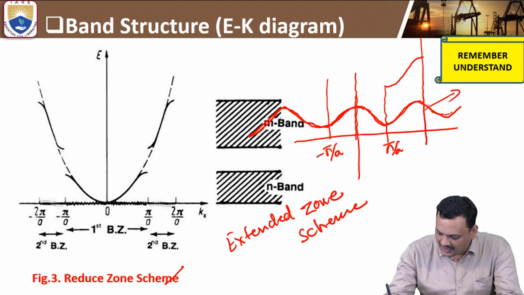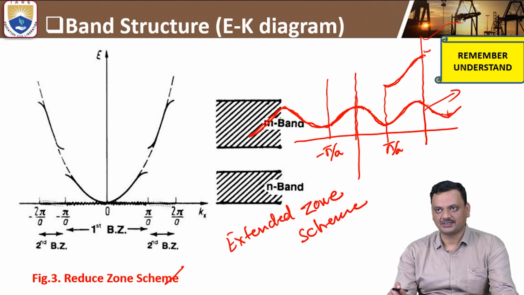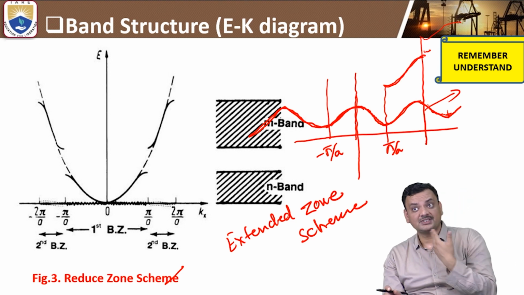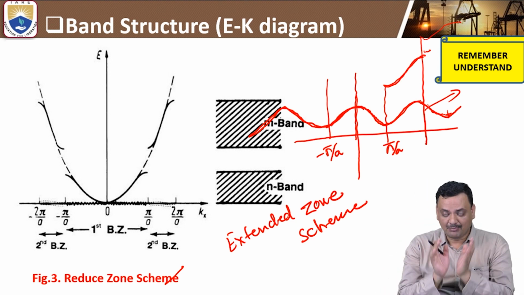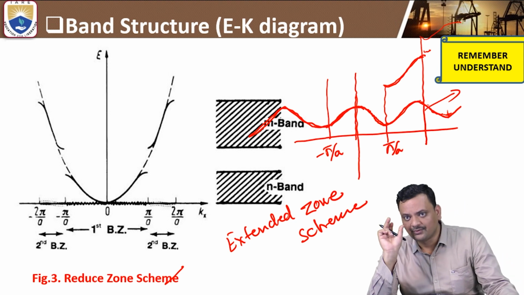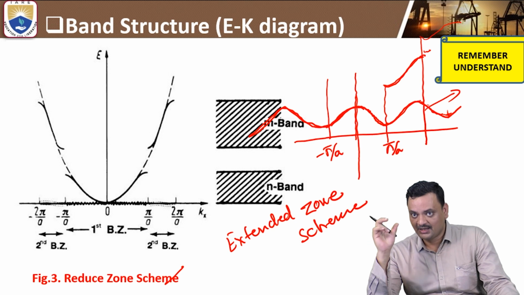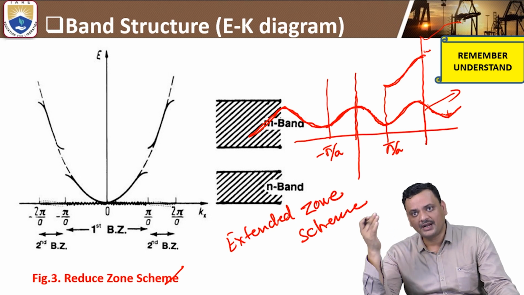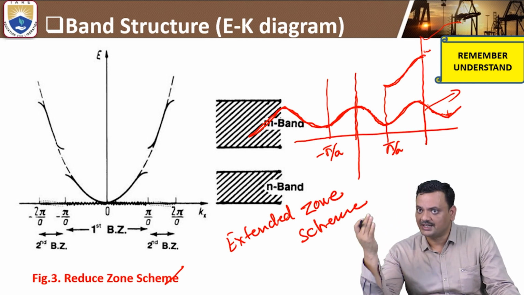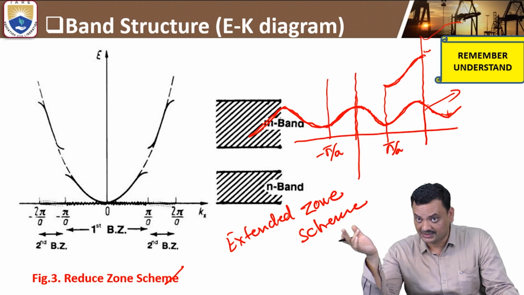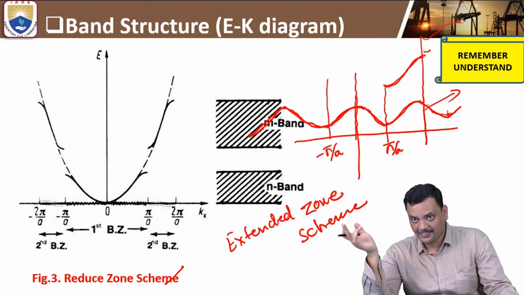Then whatever you are getting here, again you have to plot for your next region. So extended zone scheme is nothing but the plot of one allowed energy state for different allowed energy states regions. Okay.